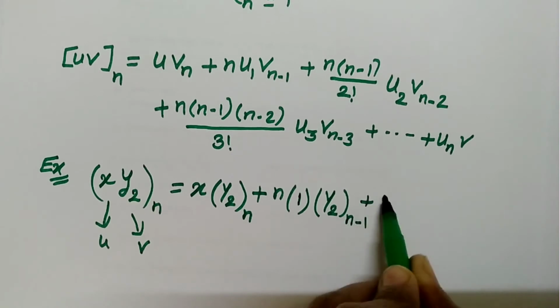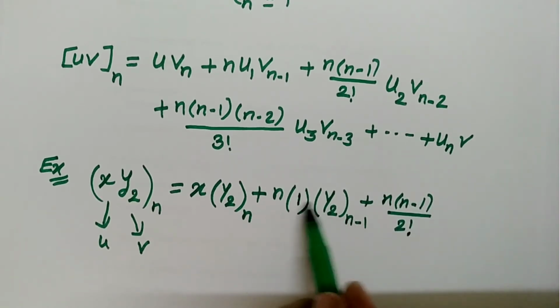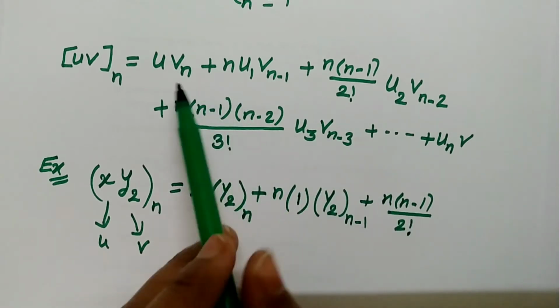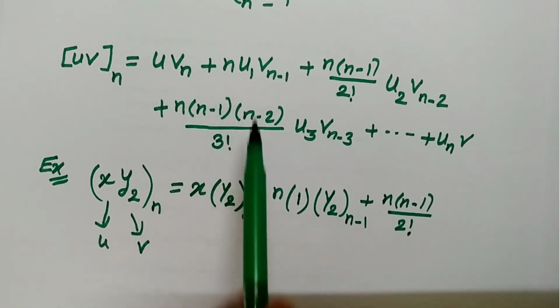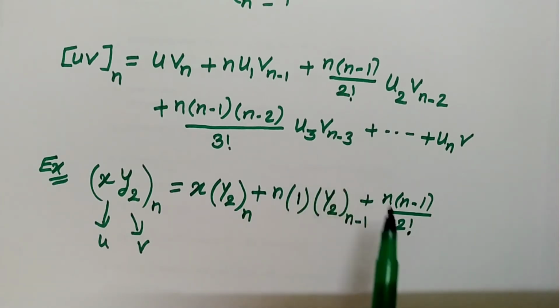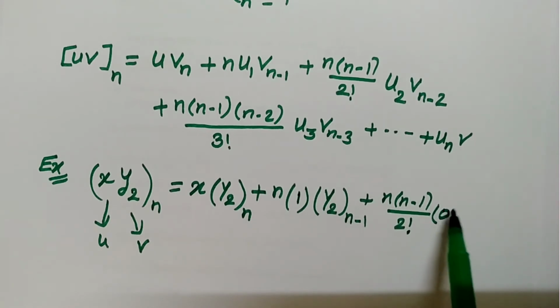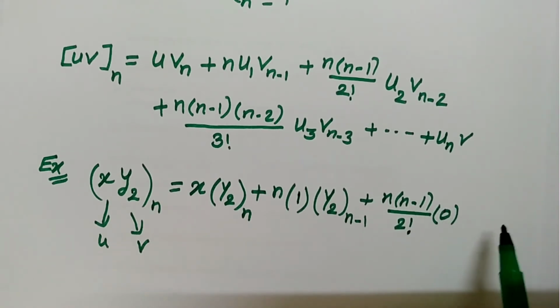Then the next term will be n(n minus 1) divided by 2 factorial. Again take the derivative of u. Here u as it is, then we write u1, that is the first derivative. If we take the derivative of u1, then we get u2, the second derivative of u. Here the derivative of 1 is 0. That means if we take the next term, we again get derivative 0.